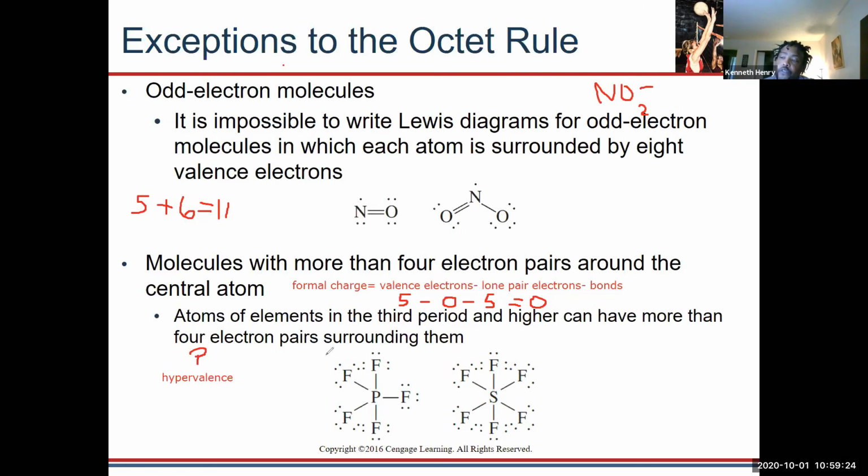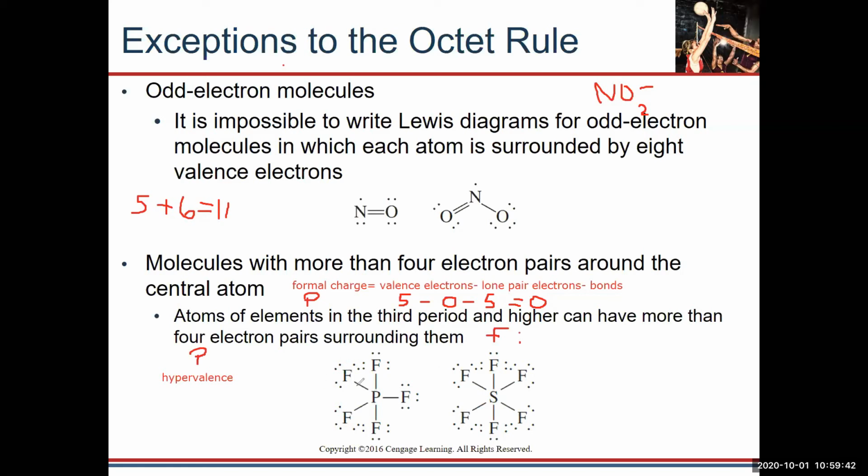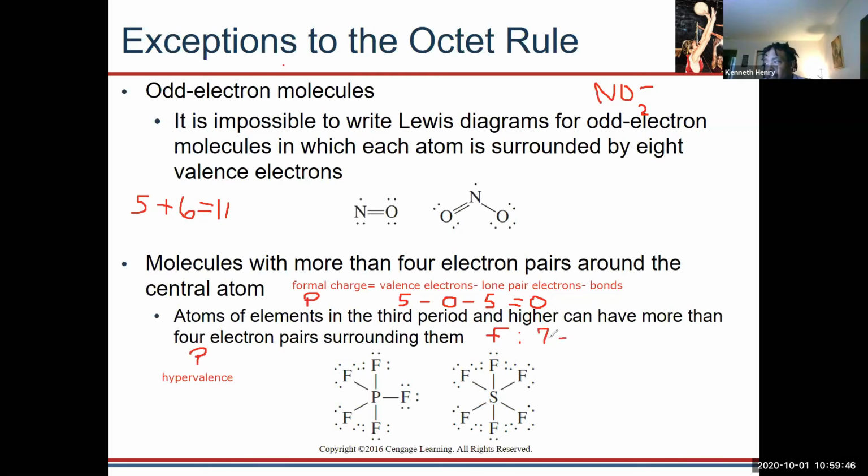So what is the formal charge of fluorine? This was for phosphorus, so let's do it for the fluorines around this phosphorus. Number of valence electrons? 7. Number of lone pair electrons? 3. Would that be 3 or 6?